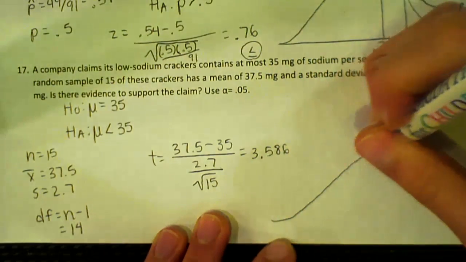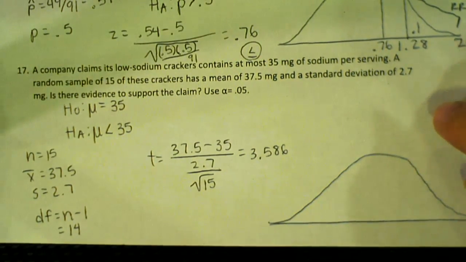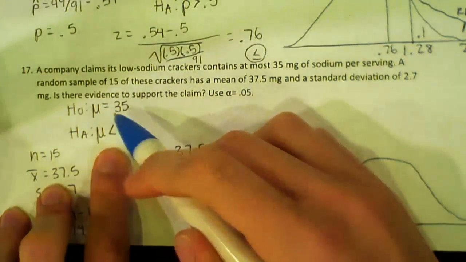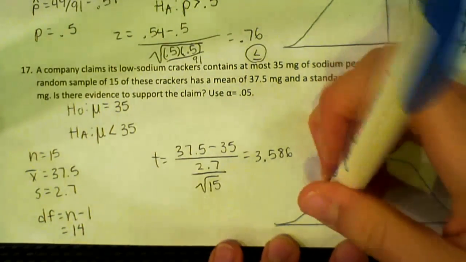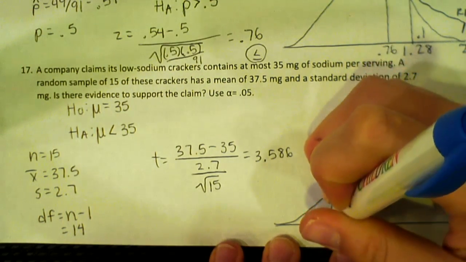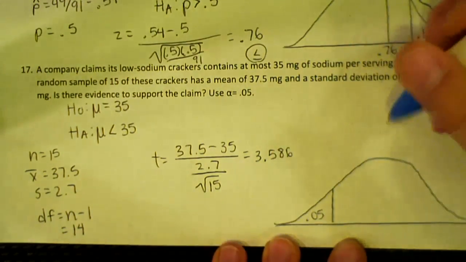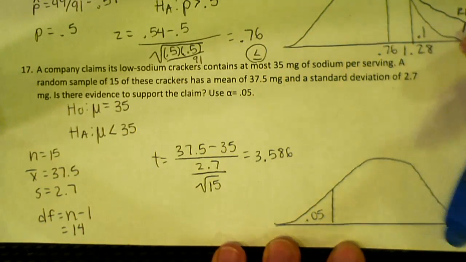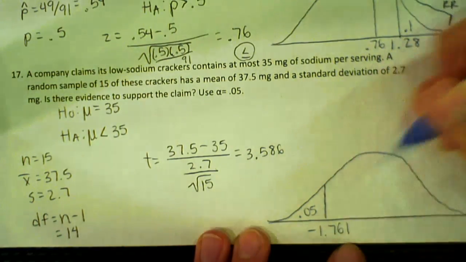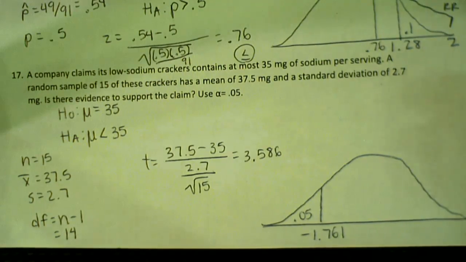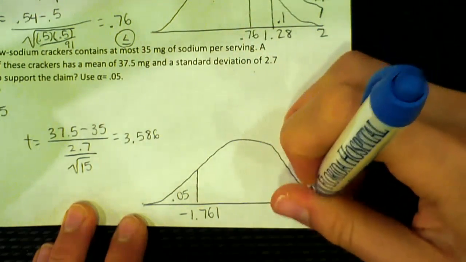And then we'll go to our distribution. We know that our alternative hypothesis is less than, lower tail test. It gives us that our alpha is 0.05. So what is this t-score? Now our t-score, the t-score that we got was positive.